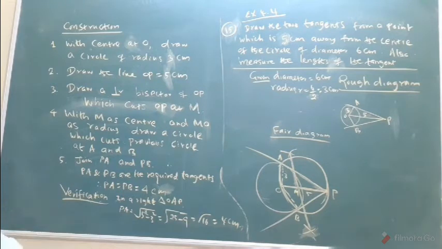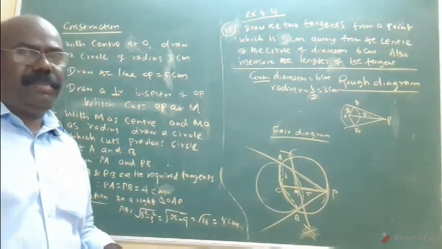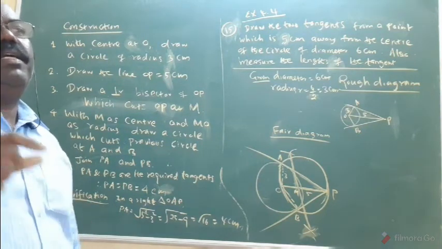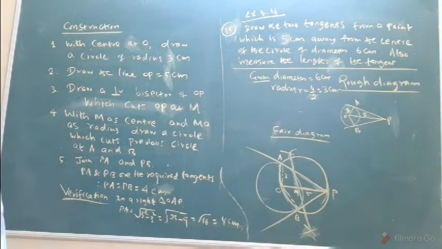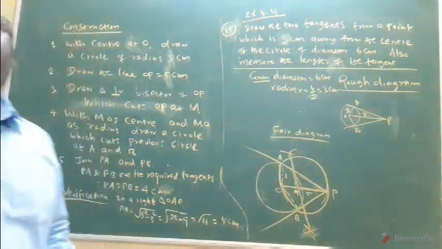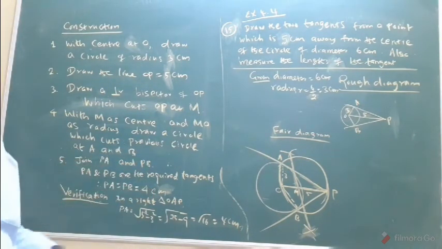The geometry box must consist of all the instruments: compass, scale is very important, and you will buy new ones, because we need a set square also. The practical exam is very important. It is an 8 mark question, already told you. Craft also is an 8 mark question. The quarterly exam also, this type of geometry will come.